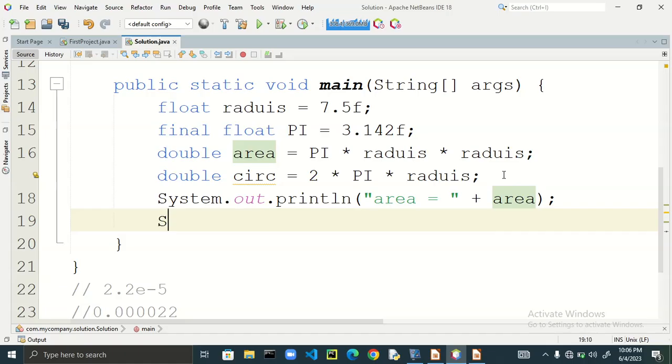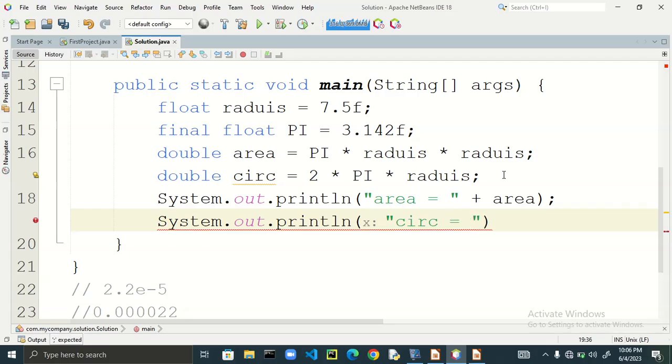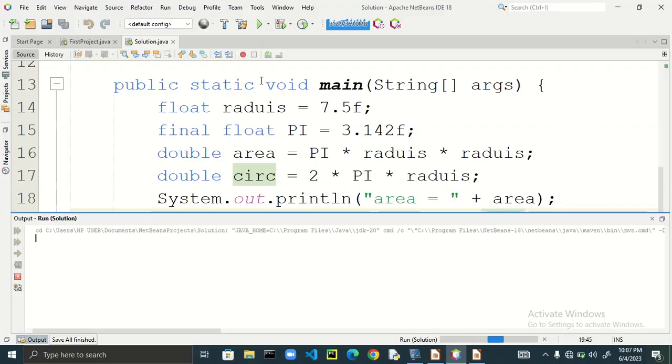And then system.out.println, circ for circumference is equal to, circ, which is this variable here. So I think we should be done with this, not forgetting a semicolon. Very, very important. So let's run and see what we are able to get.